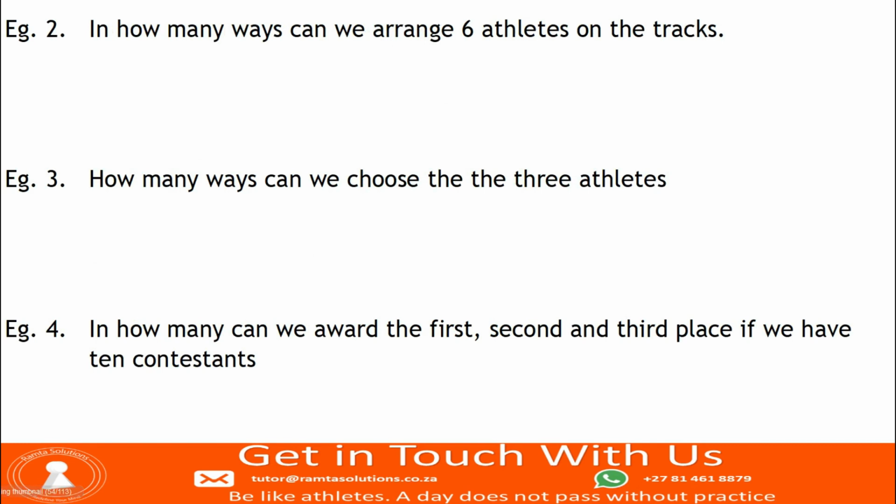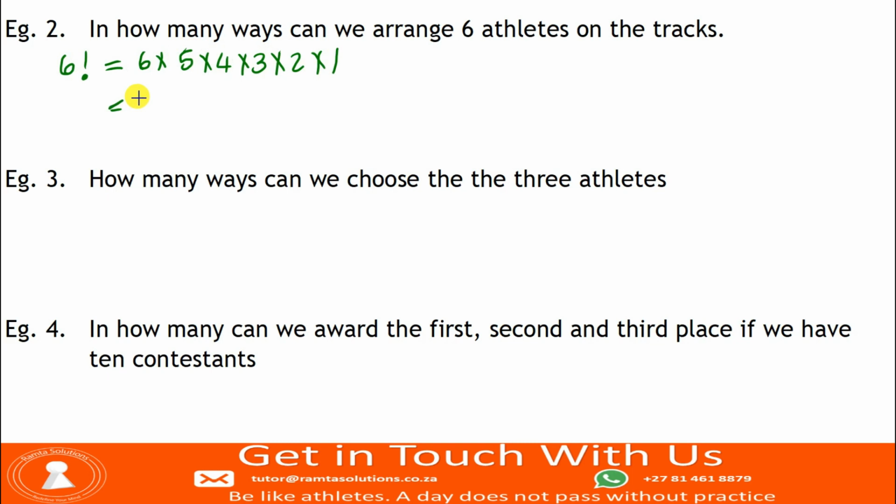Now, it gets interesting. In how many ways can we arrange 6 athletes on the tracks? There are 6 athletes, so it will be 6 factorial. This is 6 times 5 times 4 times 3 times 2 times 1.